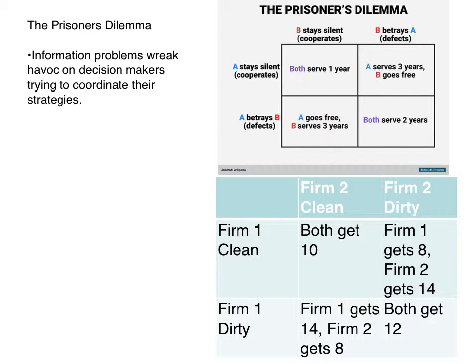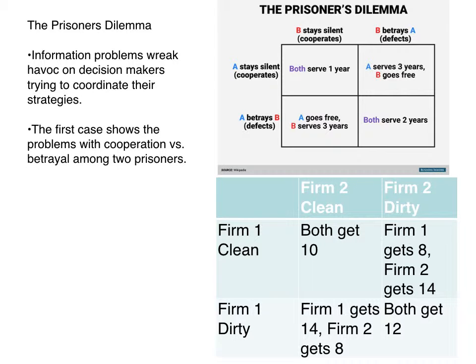So let's see what I've got here. The first case shows the problem of cooperation versus betrayal among two prisoners. If two prisoners are brought in for a crime, if they both cooperate, then they'll serve a lesser term, as you can see in the above table there.